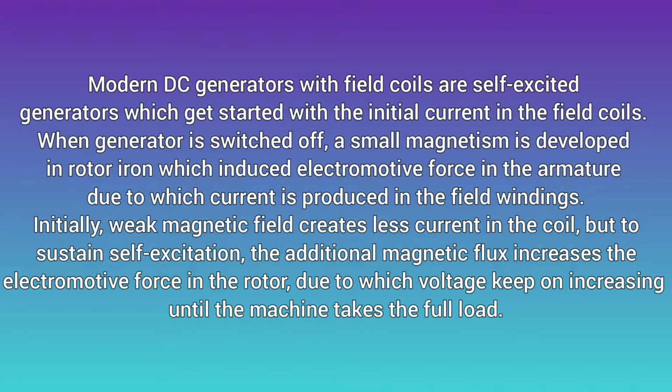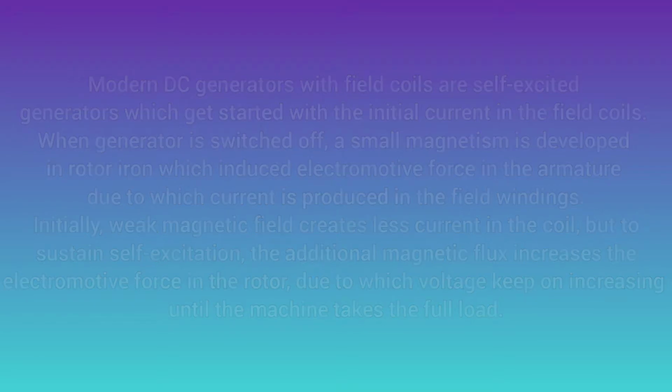Initially, the weak magnetic field creates less current in the coil, but to sustain self-excitation, the additional magnetic flux increases the electromotive force in the rotor, due to which voltage keeps on increasing until the machine takes the full load.